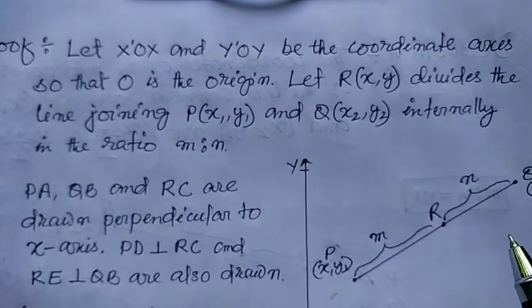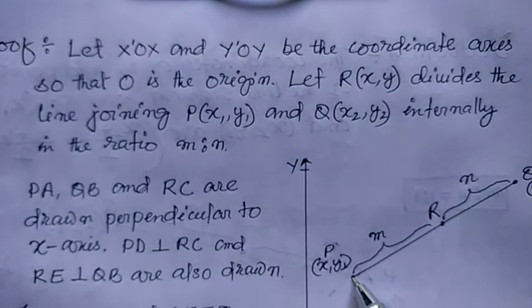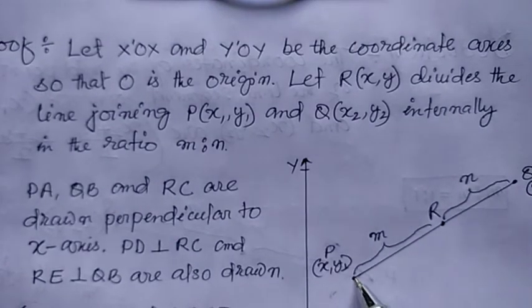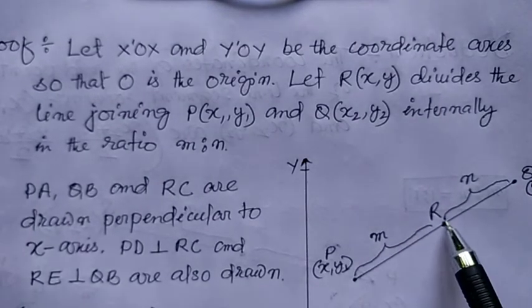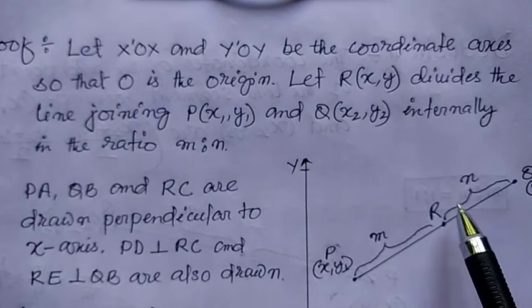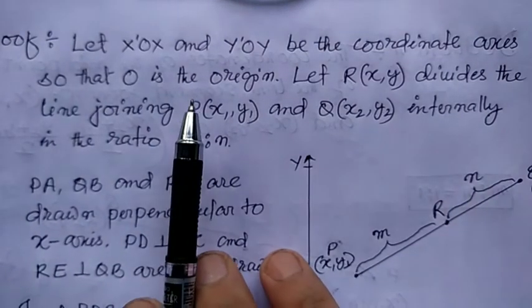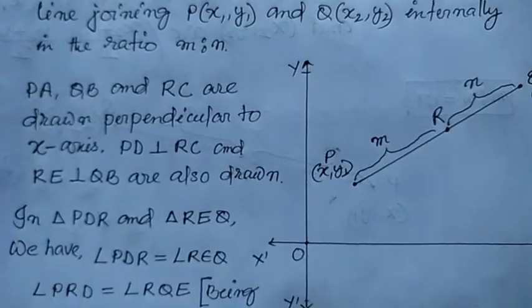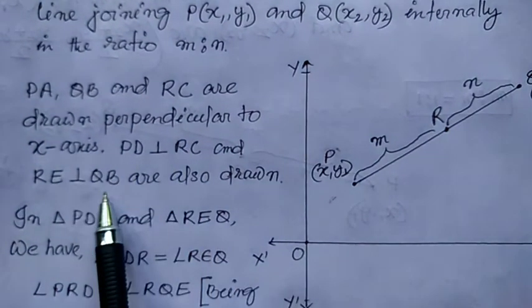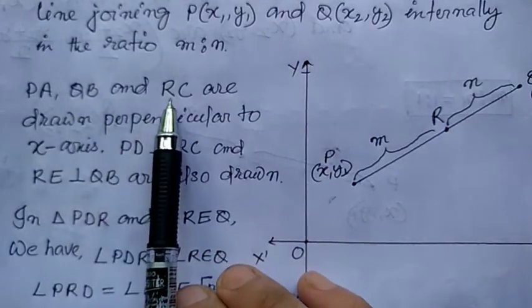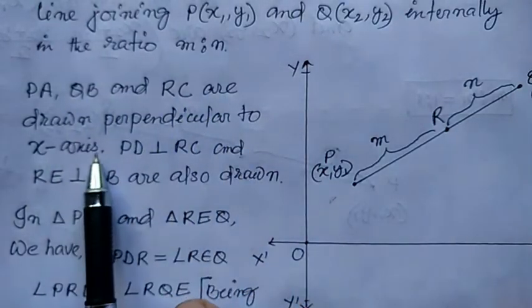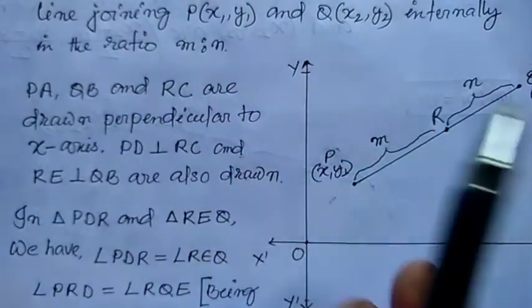The point divides the line segment PQ, that means from P to R is m and from R to Q is n. So this is what we have written here in the first paragraph. Now the second one: PA, QB and RC are drawn perpendicular to the x-axis. This is something like construction.